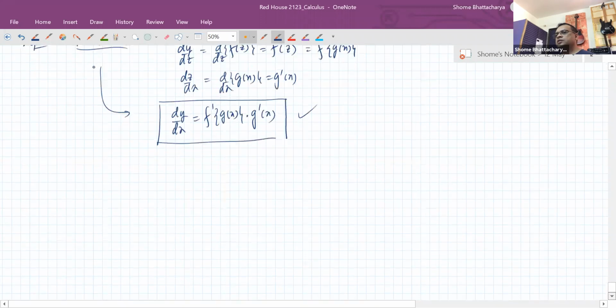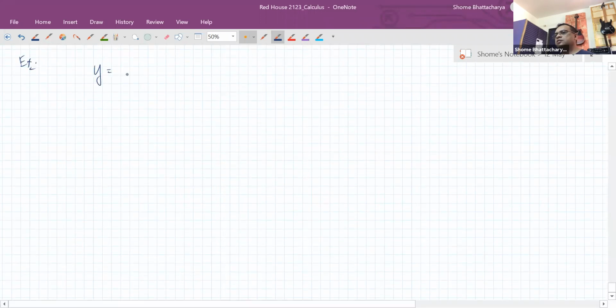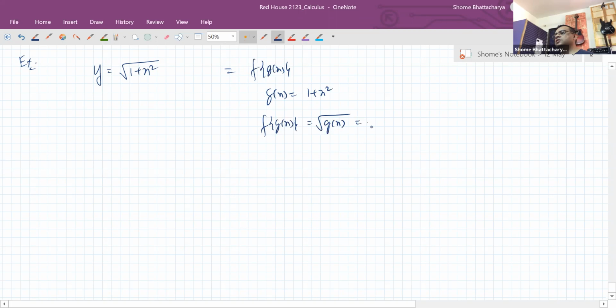For example, let's take this function that we had, square root of 1 plus x square. So we are treating it like f of g(x), where g(x) is the function 1 plus x square and f of g(x) is square root of g(x), which is square root of 1 plus x square.